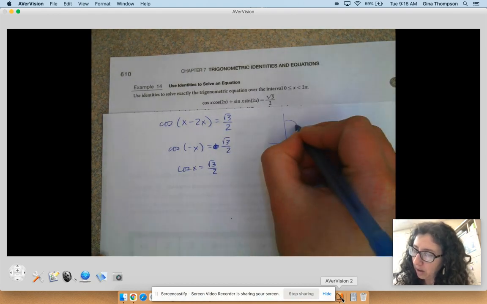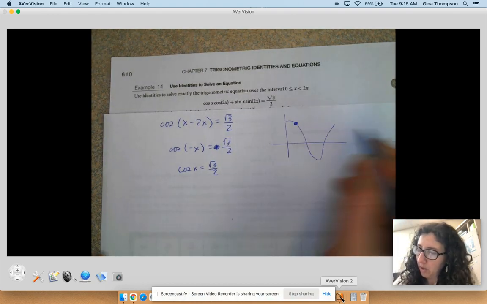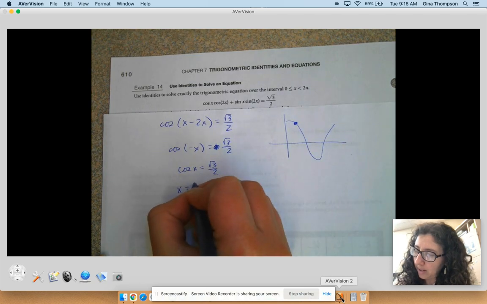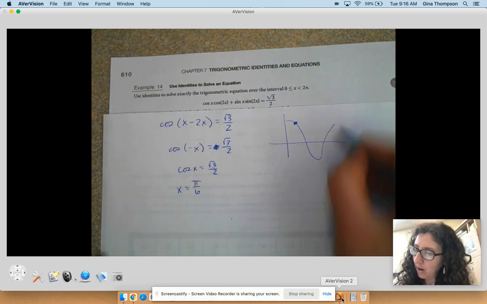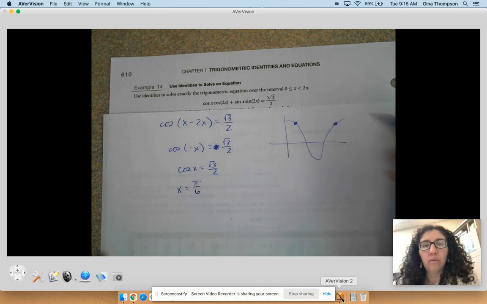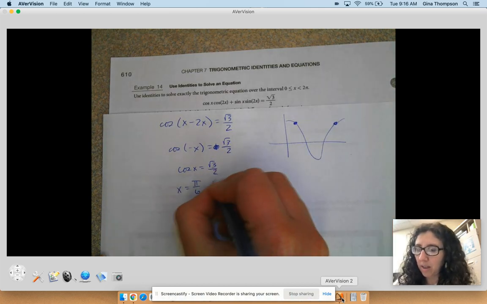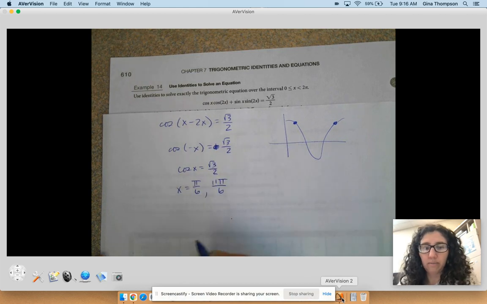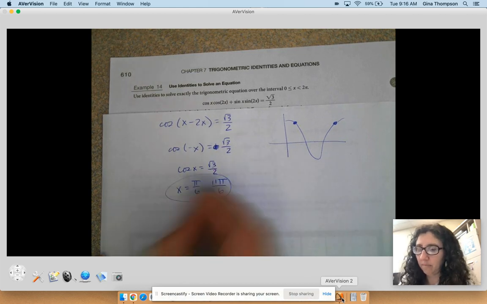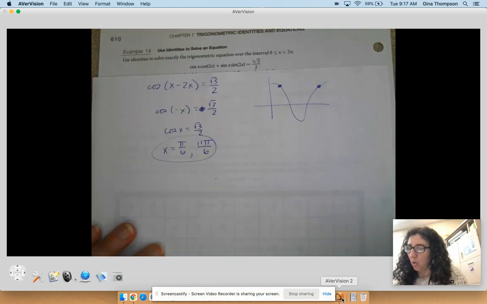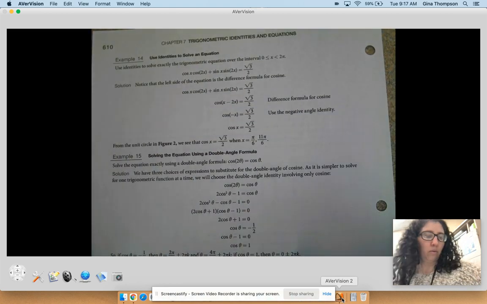So that's going to give me this answer right here. So x equals pi over 6. And I also need my answer over here, which is going to be 2 pi minus pi over 6. So that's going to be 11 pi over 6. Ta-da.